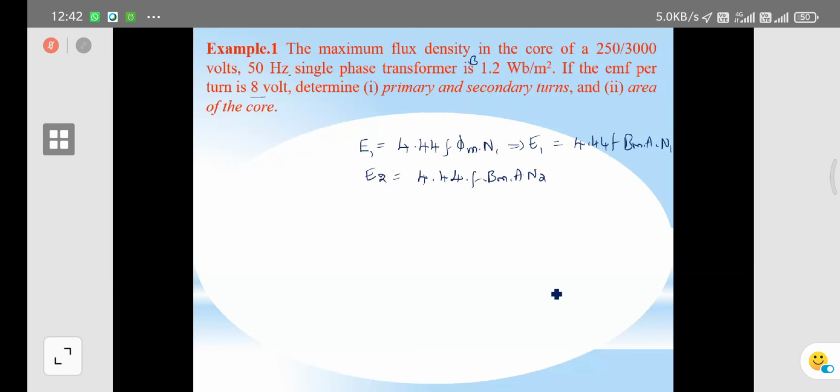But the EMF per turn is given here as 8. But how to find this here?